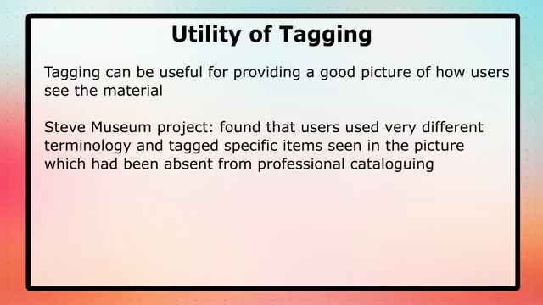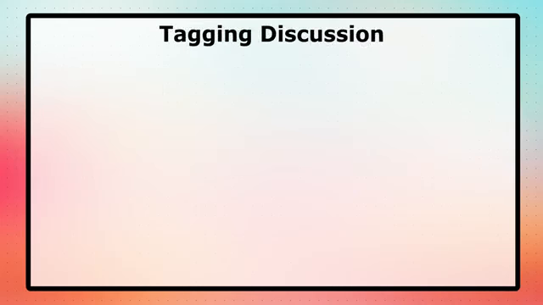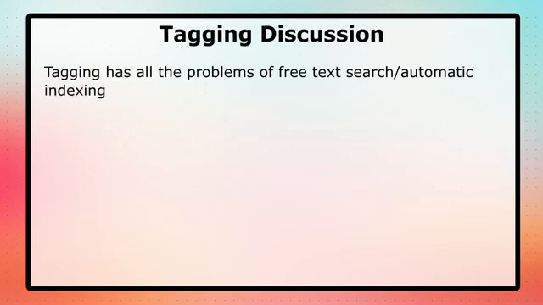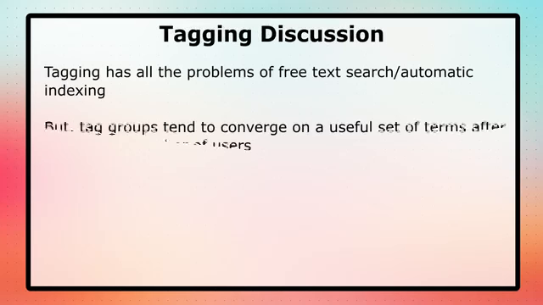The Steve Museum project found that users use very different terminology and tag specific items seen in the picture which have been absent from the professional catalog. In many studies it has been seen that users' terms do not match controlled vocabulary terms in most cases. Tagging discussion: tagging has all the problems of free text search and automatic indexing, but tag groups tend to converge on a useful set of terms after a threshold number of users.